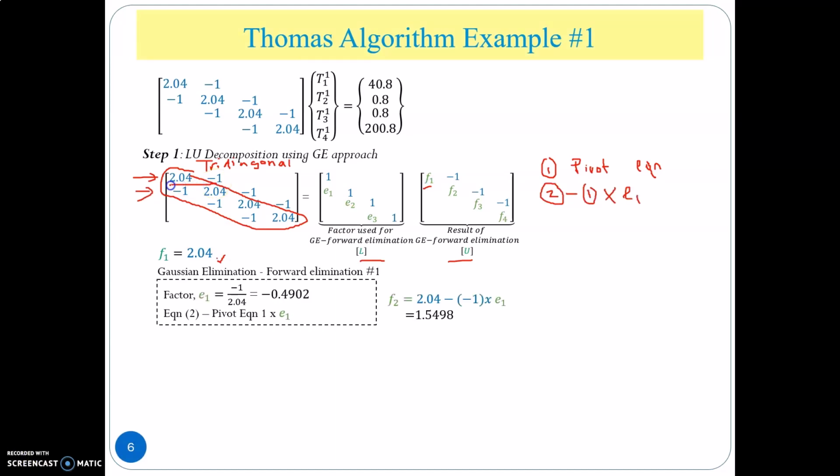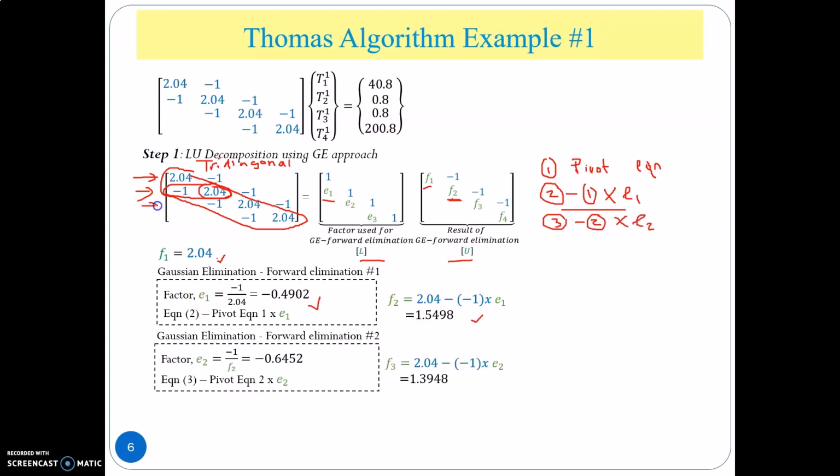Then you continue with the second row. To make -1 equal to 0, you need the factor E1, which is -1 divided by 2.04. And then you can find F2, which is the forward elimination result for your 2.04 by using this equation. And you should obtain this answer for your E1 and F2.